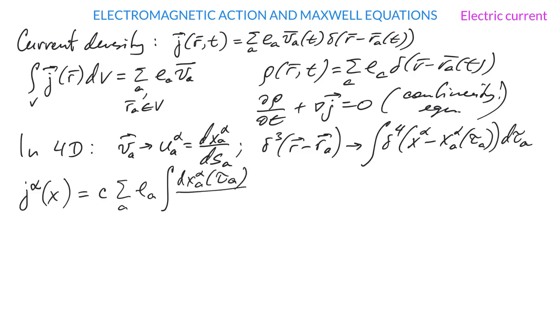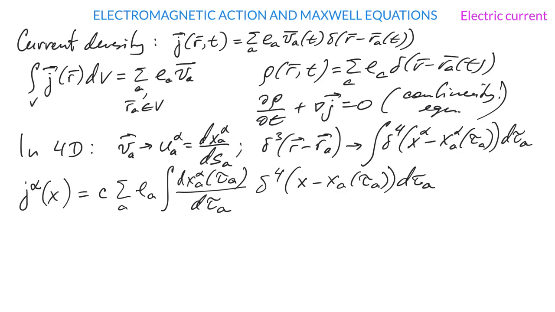This is the analog of the velocity. This is essentially the velocity of particle number a. And then the delta function. Here I'll also drop the index for x.